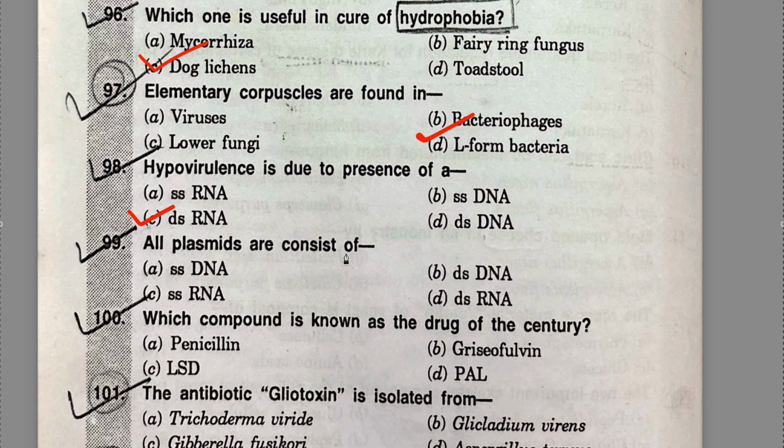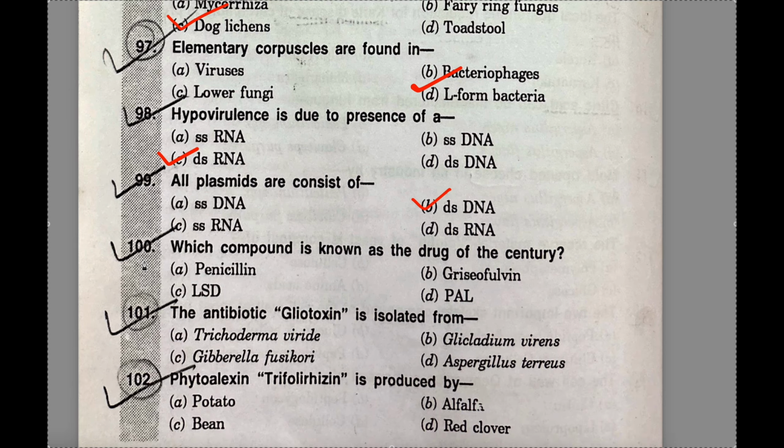99. All plasmids consist of ssDNA, dsDNA, ssRNA, or dsRNA. So it is dsDNA. Question number 100. Which compound is known as the drug of the century? A. Penicillin, B. Guaifenesin, C. LSD, D. PAL.